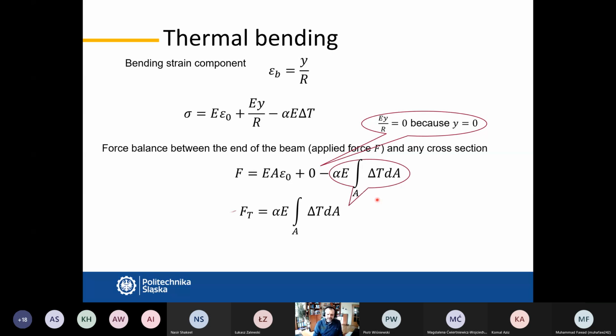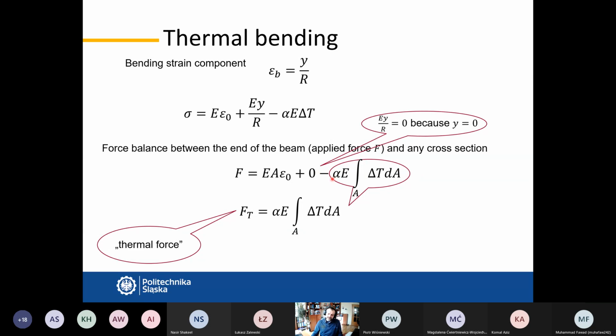If we have constant material parameters, alpha E is of course outside the integral. If the material properties are temperature dependent, they would have to be inside the integral.